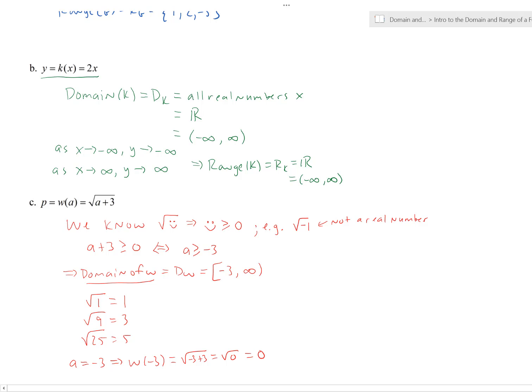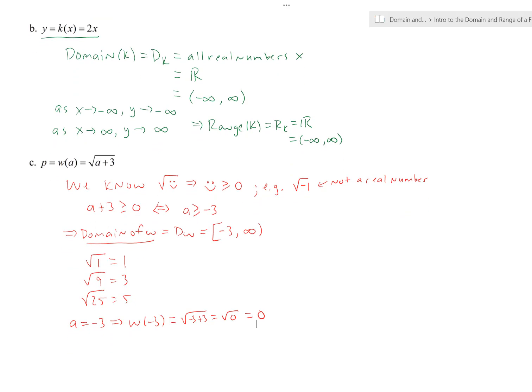So you may recall also square roots cannot be negative as an output unless there's some coefficient of a negative in front, and that's by definition of a square root. So that also tells us, finally, that our range of w here is going to be the set where the smallest output value is 0, and it grows to infinity.